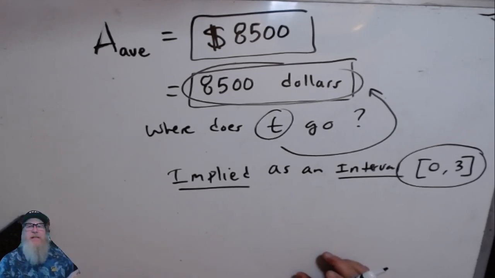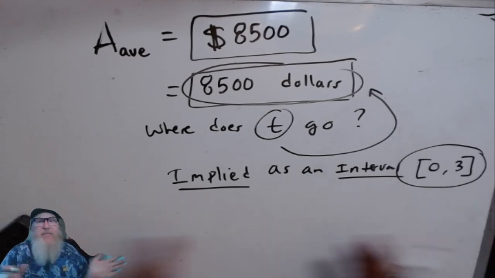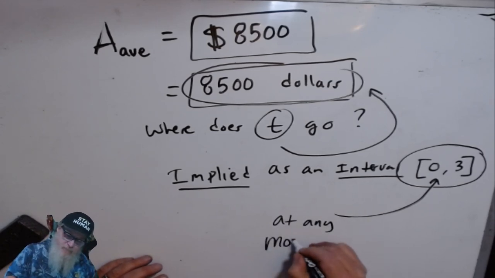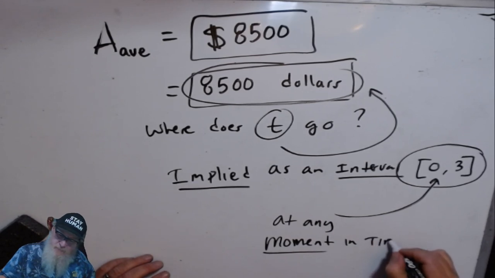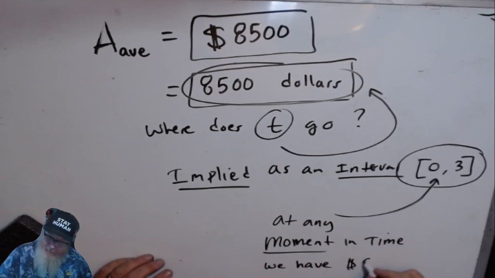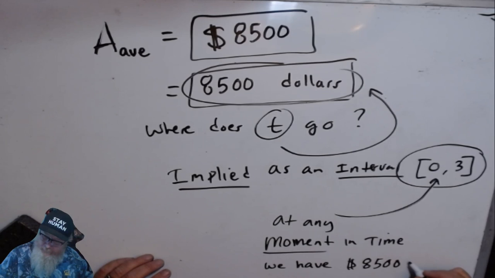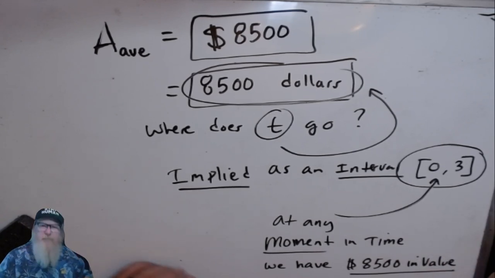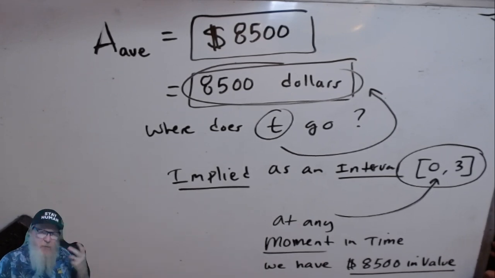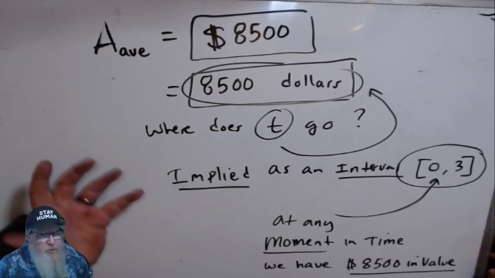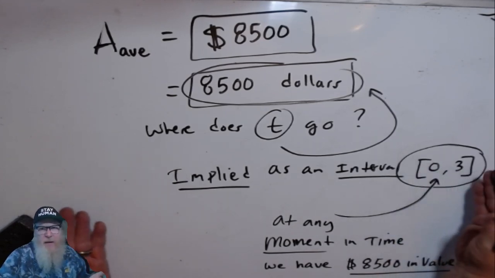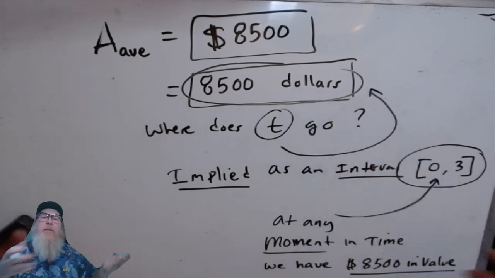What it really means is that at any given time, any moment in time, I would say that we have $8,500 in the bank. And we might have more, we might have less. But if somebody were to ask you, well, how much do you have in the bank? And you don't actually want to go check your balance, as long as it's within this 3-year period, somewhere within this 3-year period, that's what the number means.